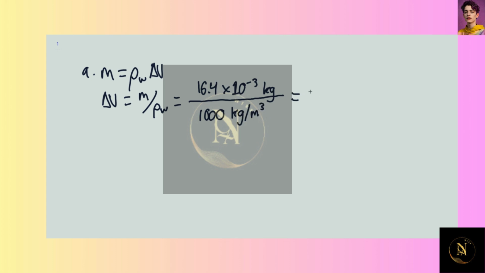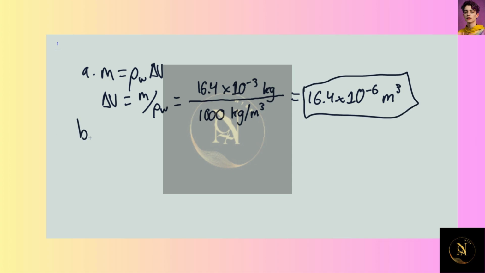This is going to give us 16.4 times 10 to the negative 6 meters cubed. So this right here is actually going to be the volume that is displaced by the ice cube on the water. So this is the volume that's displaced.